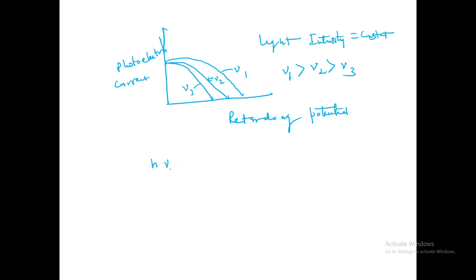Einstein photoelectric equation is h nu minus phi is equal to K max is equal to e V. So any graph we can draw.